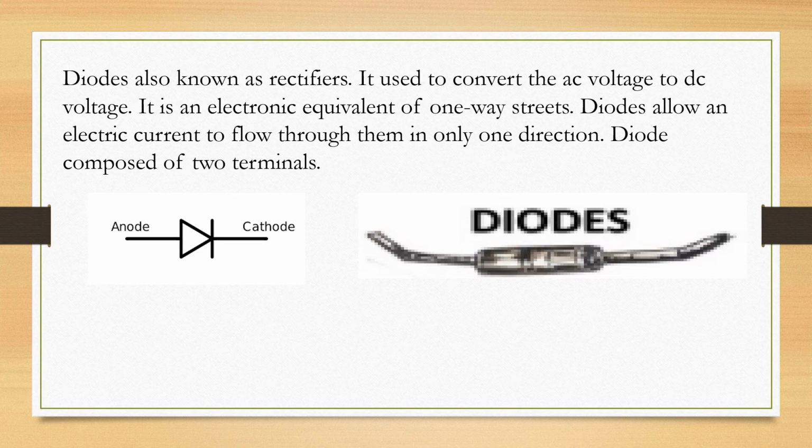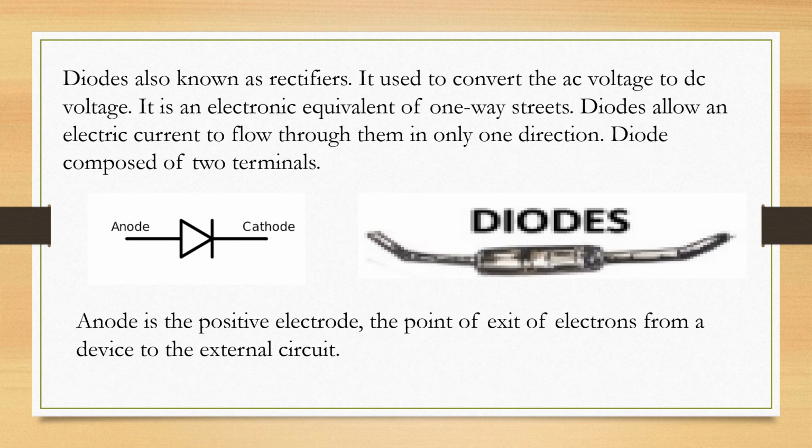So as you can see, our diode allows electric current to flow, so that the flow of electricity continues. The two terminals are the anode and the cathode.